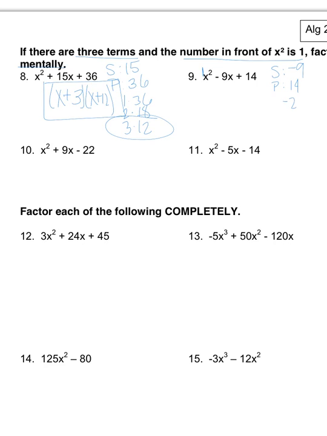So that would be negative 2 times a negative 7. So that would be x minus 2, x minus 7. And it doesn't really matter which one you write first. So you could have x minus 7 times x minus 2. That's the same answer.